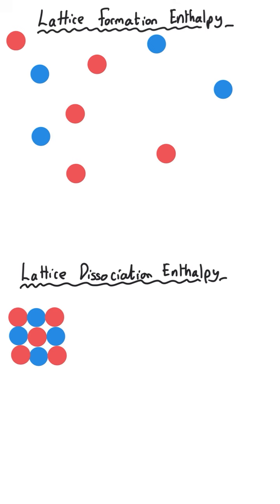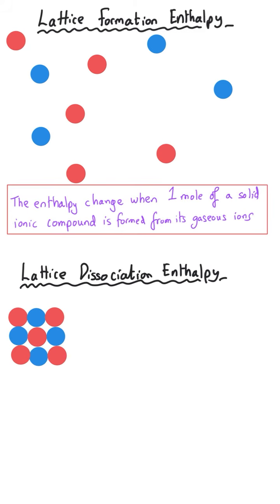There are actually 2 different types of lattice enthalpy. There is firstly the lattice formation enthalpy, and that is defined as the enthalpy change when 1 mole of an ionic compound is formed from its gaseous ions.